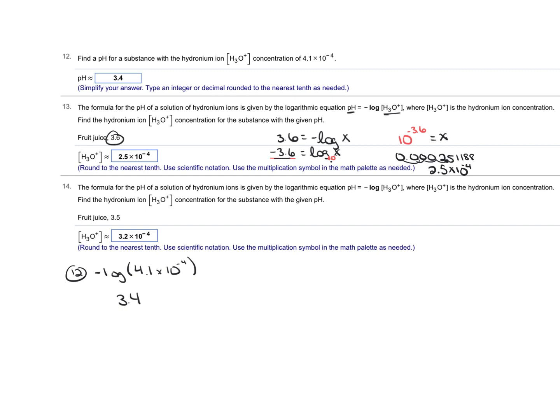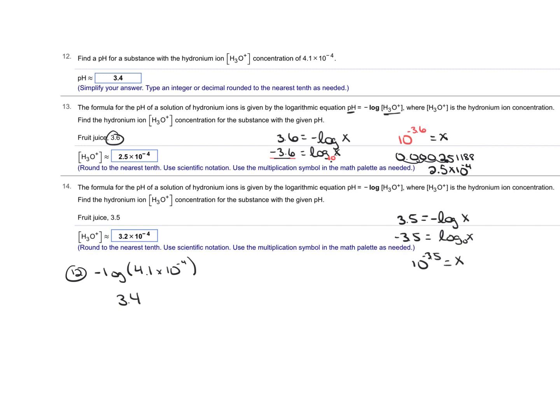Same exact process for this next one. 3.5 equals negative log of x. So negative 3.5 equals the log of x, implied that it's base 10. So 10 to the negative 3.5 power equals x.